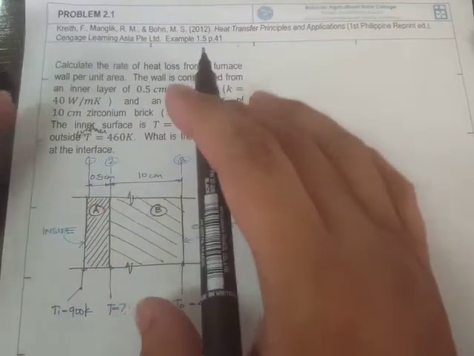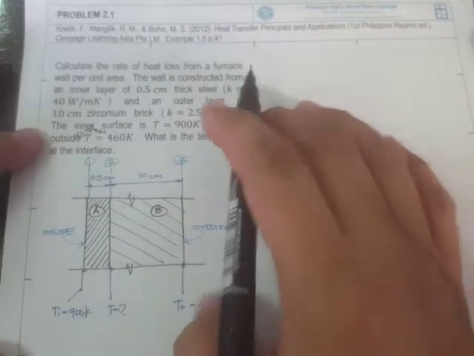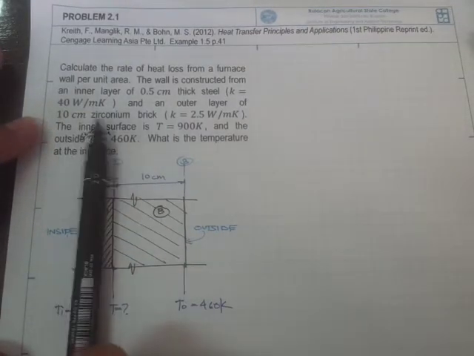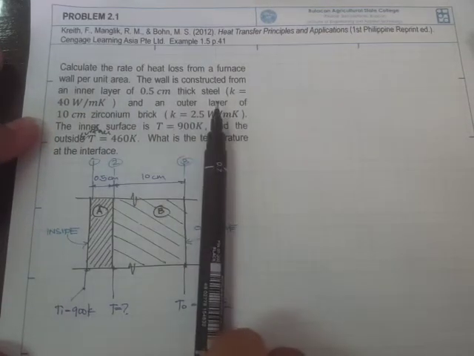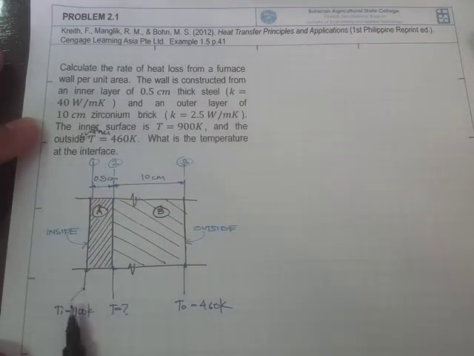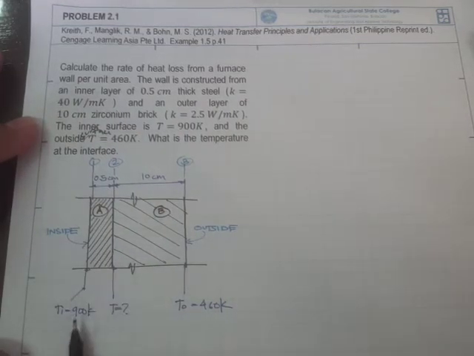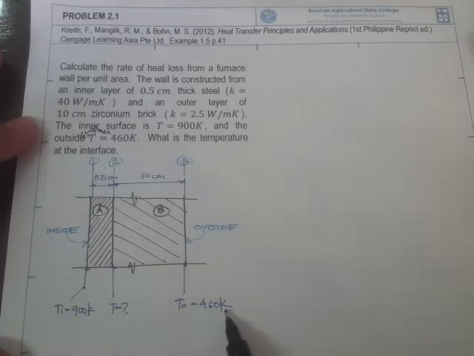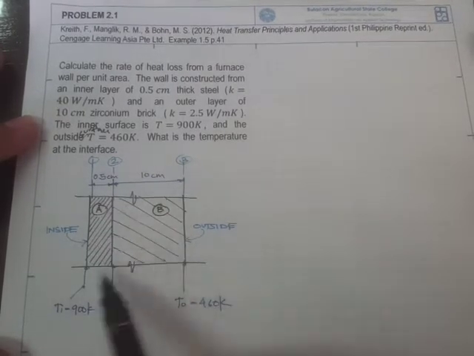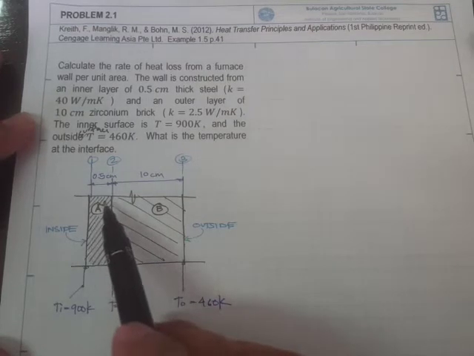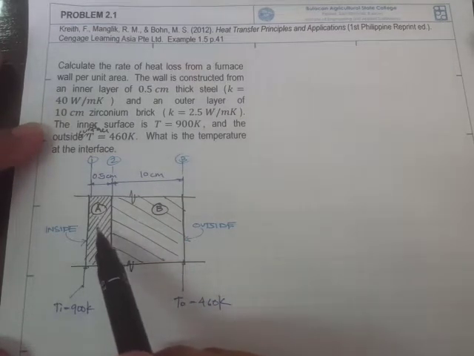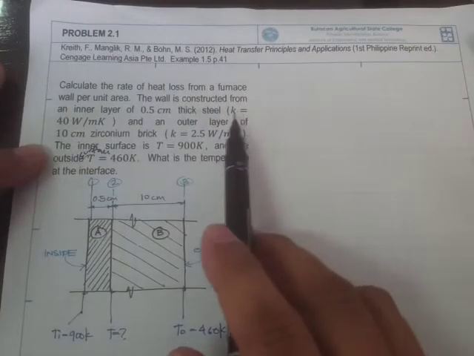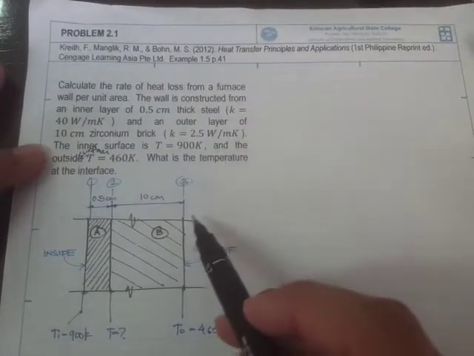So here's our illustration, and we have this composite wall section. Here's the inside surface and here's the outside surface. The inside surface has a temperature of 900 Kelvin and the outside temperature is 460 Kelvin. This material, let's call it material A, is 0.5 centimeter thick steel with this thermal conductivity.